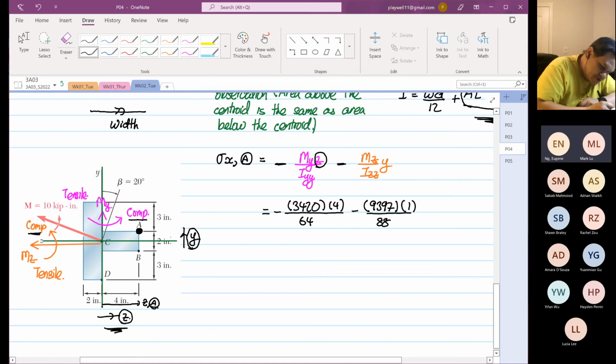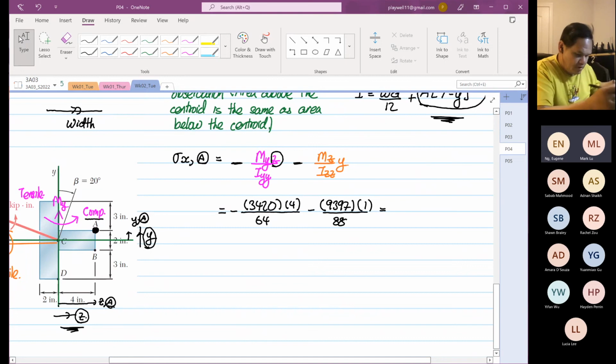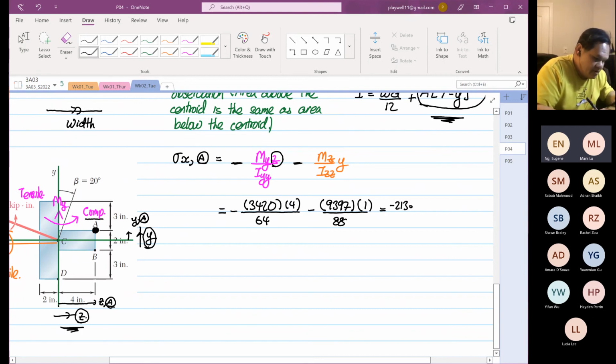So this distance from here to here is y for point A. So finally, this will be equal to 3420 times 4 divided by 64, which is 213.75, and then minus again 9397 divided by 88, which is 106.784.